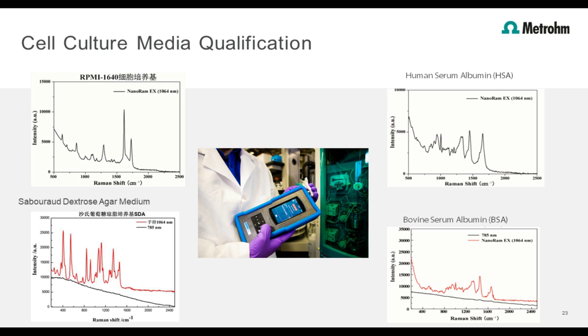And also here I would say that a 1064 nanometer laser may be important to reduce that fluorescence that we may see from these types of samples. So the dextrose agar medium at the bottom and the bovine serum albumin at the bottom both fluoresce with 785 nanometer excitation. So 1064 is really the best solution for the cell culture media.